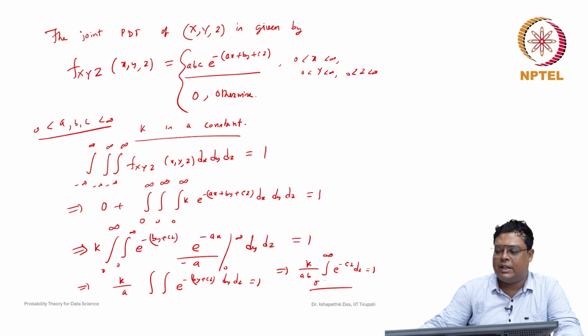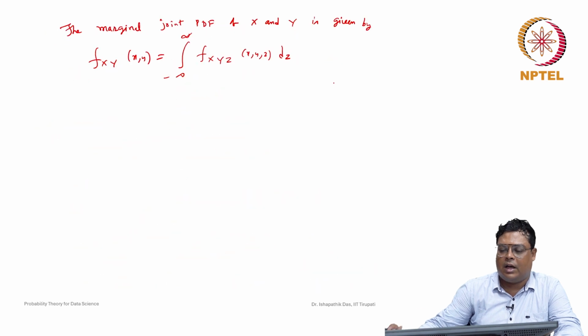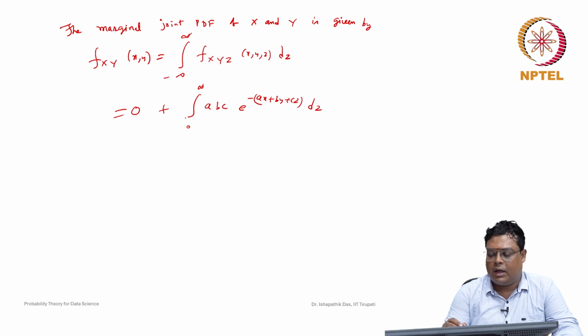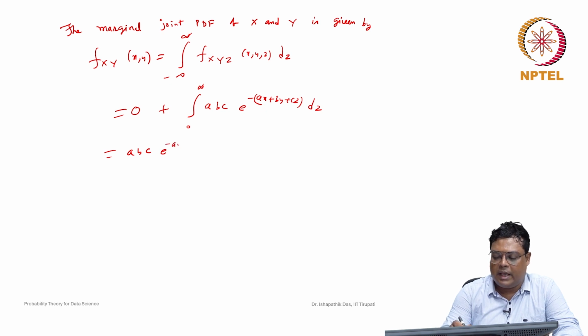It is equal to this value whenever x, y, z are all greater than 0, otherwise it is 0. So this is the integral from 0 to infinity of abc e to the power of minus (ax plus by plus cz) dz. abc is a constant, and since we integrate with respect to z, e to the power of minus (ax plus by) comes outside the integration, into the integral from 0 to infinity of e to the power of minus cz dz.